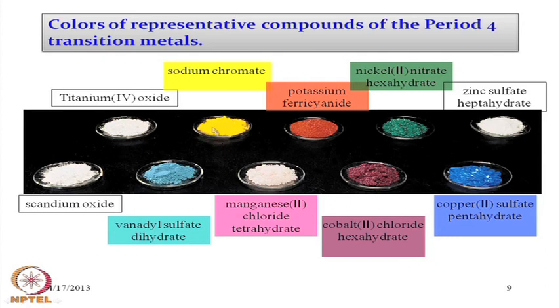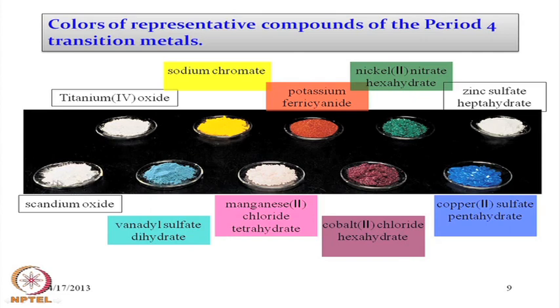And what we see in this particular slide is that we have seen earlier the different conditions or the nature of the different metals. When we go for the corresponding salts, some of these salts can be simple oxides only.